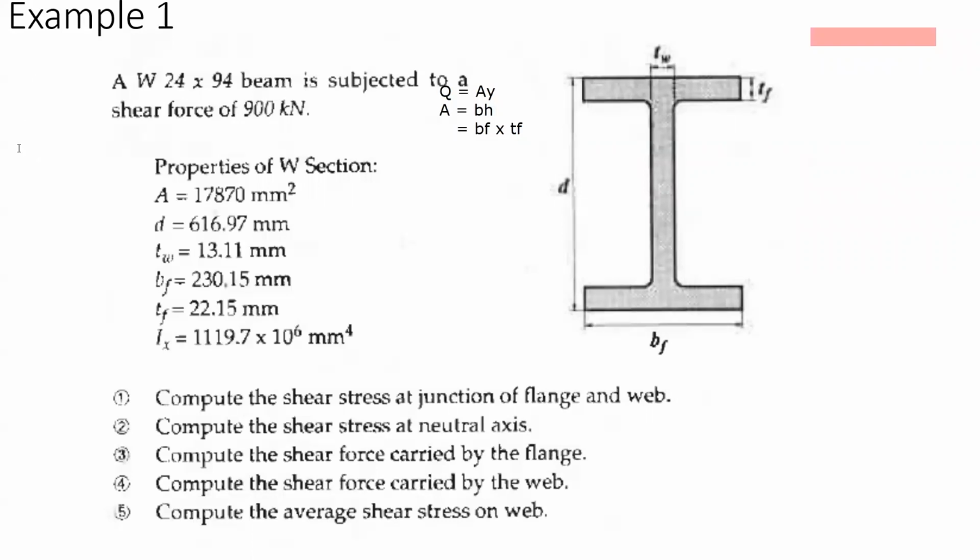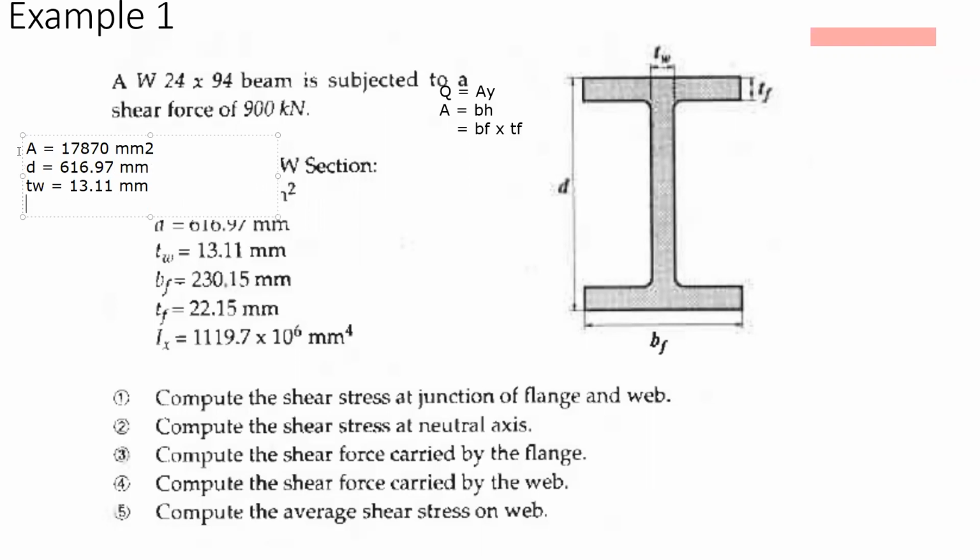You have your A equal to 17870 mm squared. D is equal to 616.97. TW is equal to 13.11. PF is equal to 230.15.